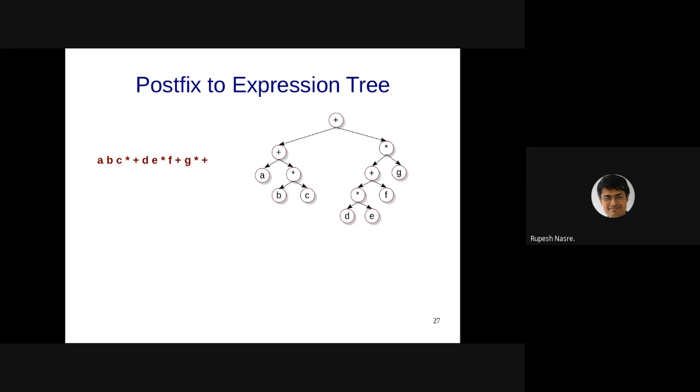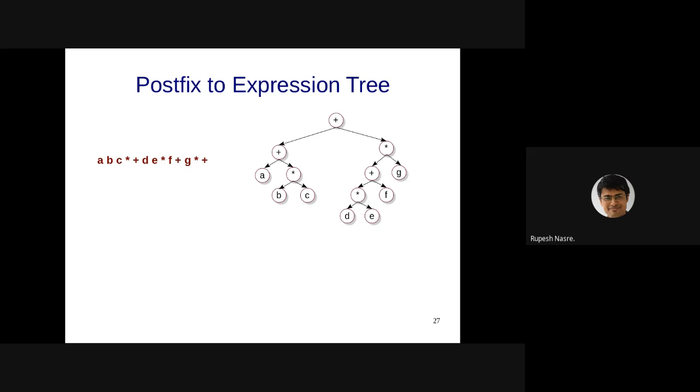Instead of that, what we will do is pop the two elements and create a subtree of these two. So star, with B and C as the two children in appropriate order, the way Murari has written, and push the pointer to the star node back into the stack.